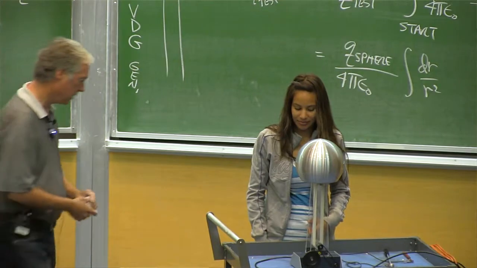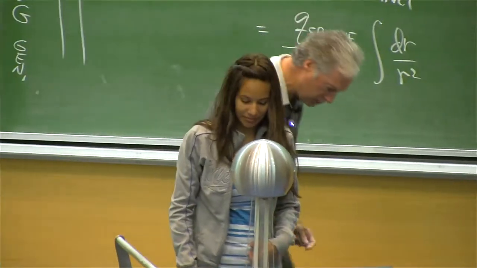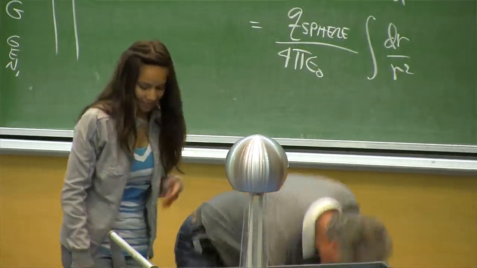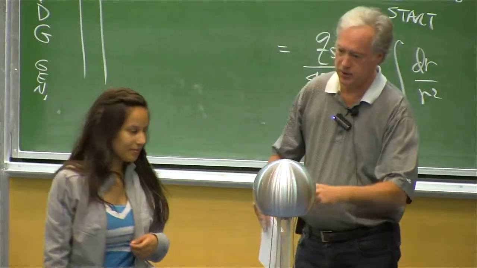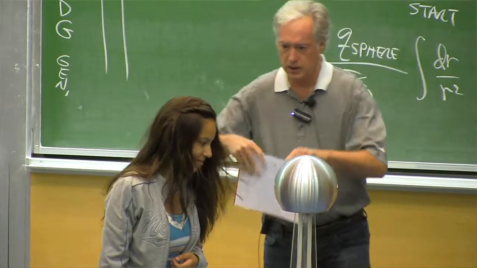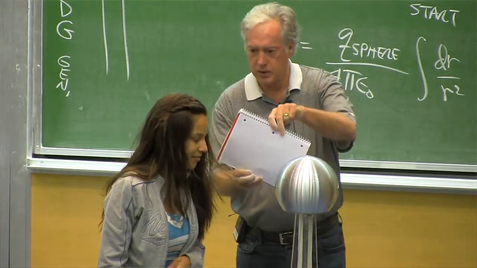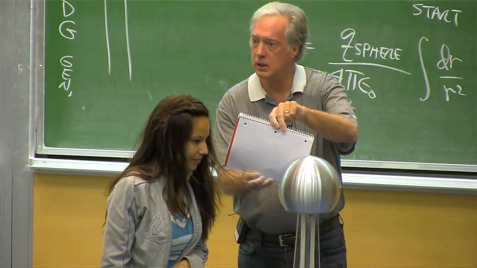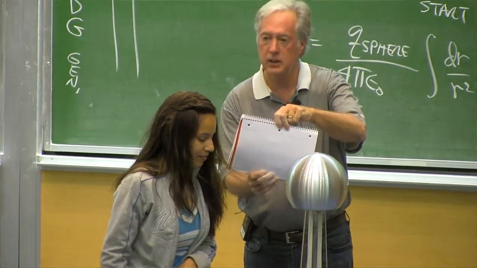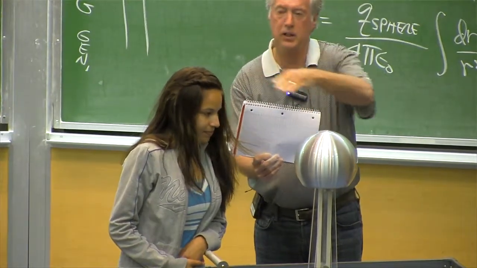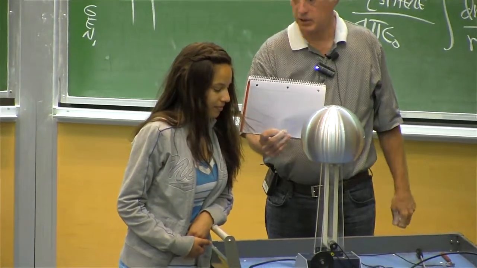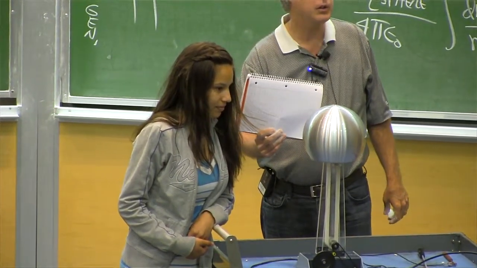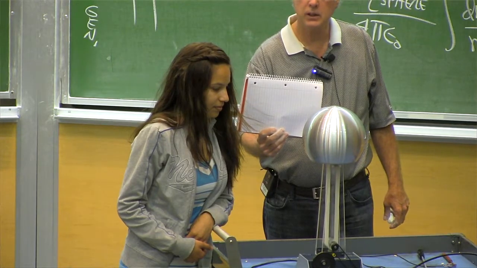Step off his notebook. Get yourself at the side and get the hair to go that direction. Can you see how the hair is pulling? So the hair is pulling along the force, the direction of the electric field. And we see the direction is radial, would we call it?